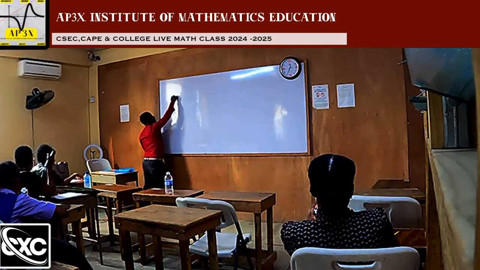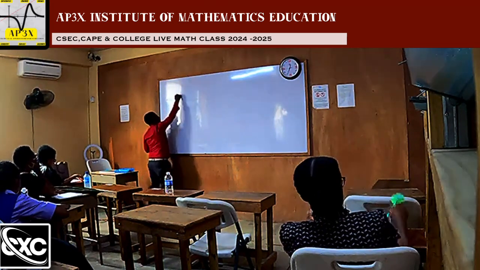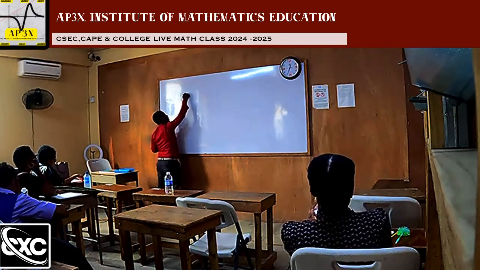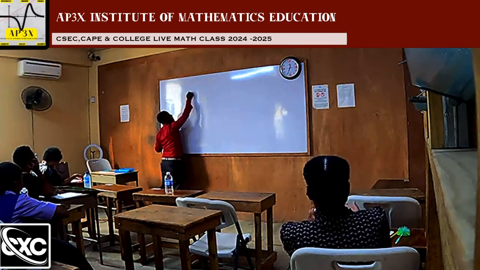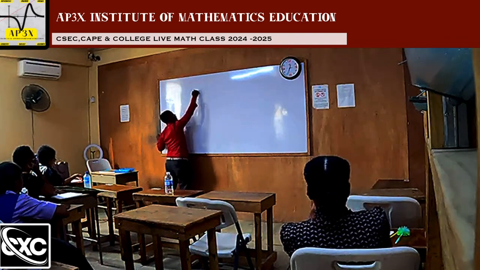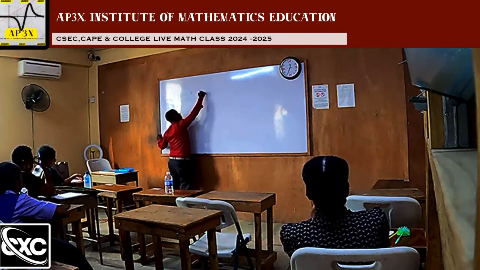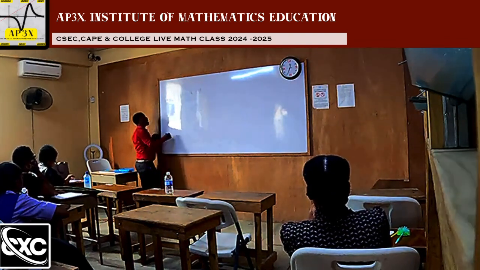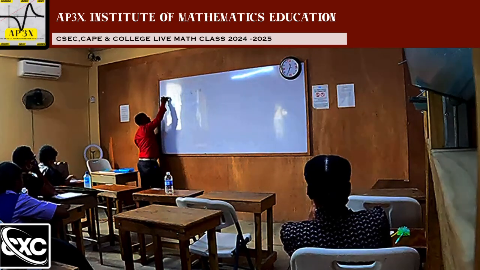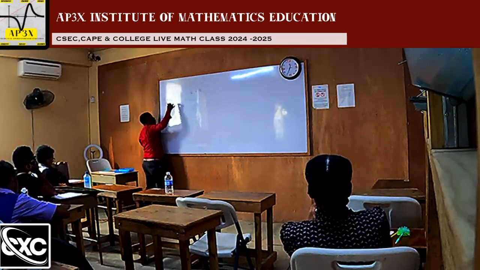13 minus 7 plus 1 minus 16 plus 11. Beautiful. So from our last class, we can recall that step number 1 is to put them into groups of 2.